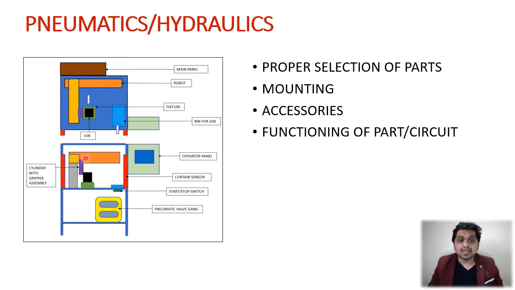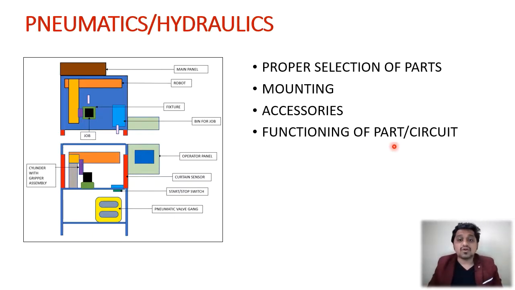Sometimes some accessories come along with the cylinder, or sometimes they may not come. So we should be aware of which accessories are coming with the part, or whether we have to purchase those accessories separately.